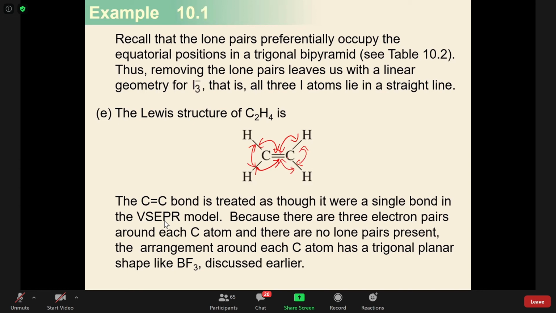So another way of thinking about that is we could evaluate the geometry around this first carbon and also around this second carbon. So let's break it apart for a minute.